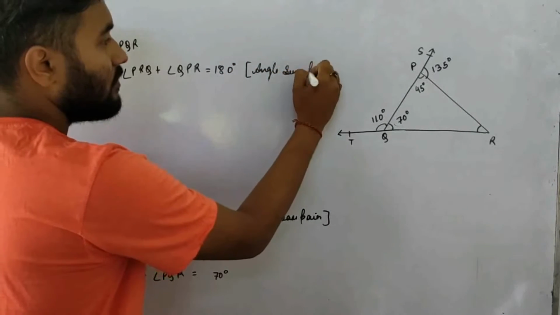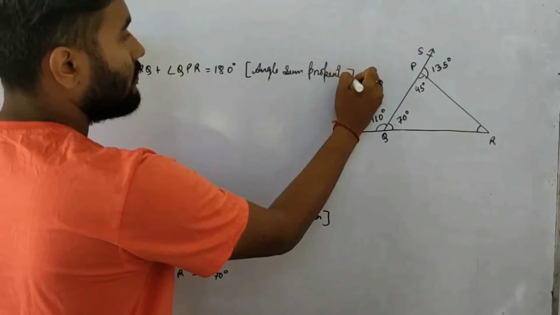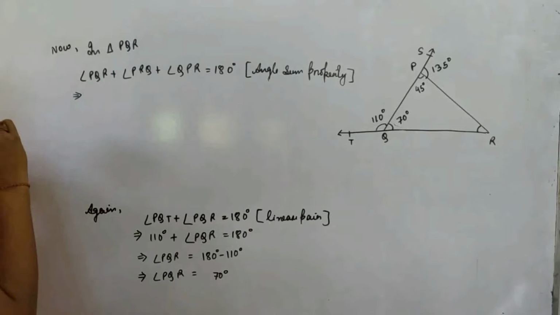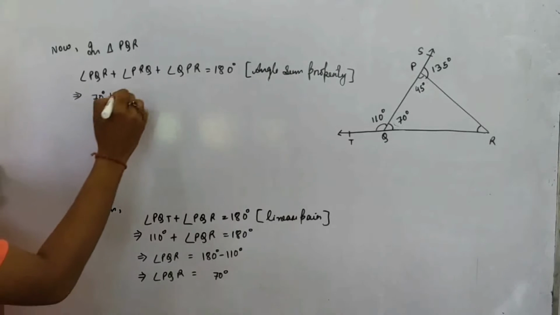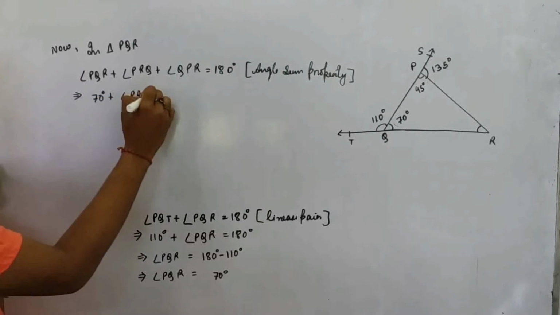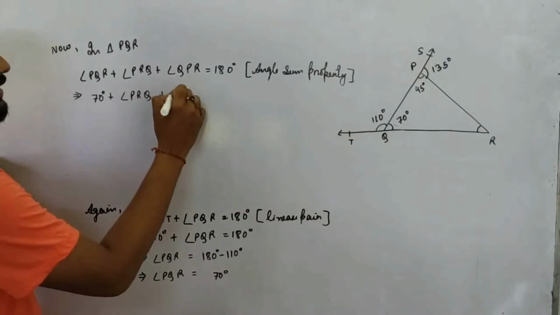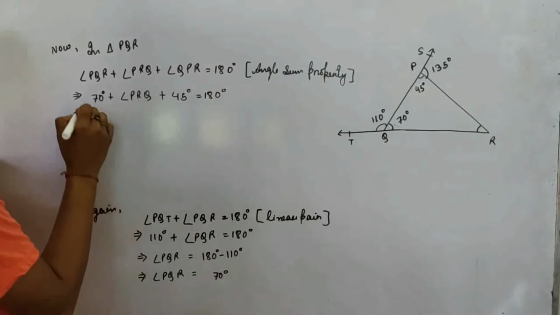Angle sum property. So what is the value of PQR? The value of PQR is 70 degrees. What is the value of PRQ? PRQ we are going to find. What is the value of QPR? QPR is 45 degrees, which is equal to 180 degrees.